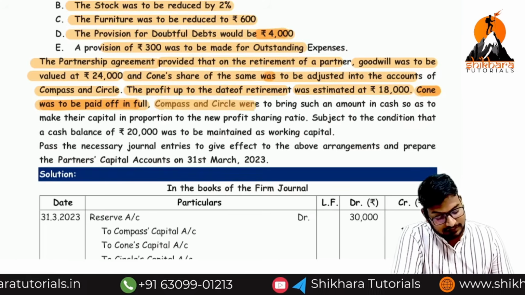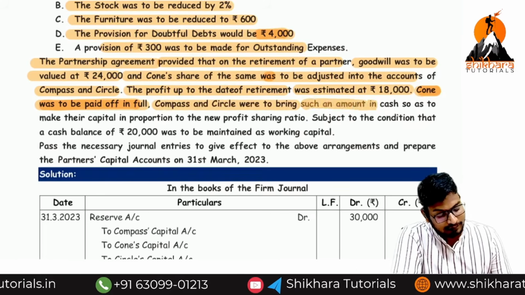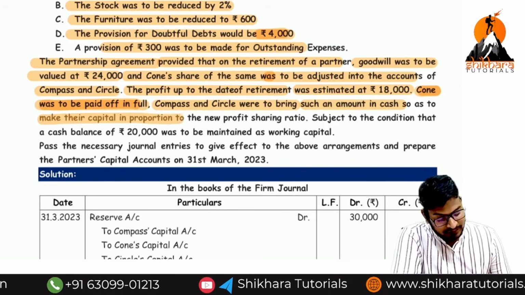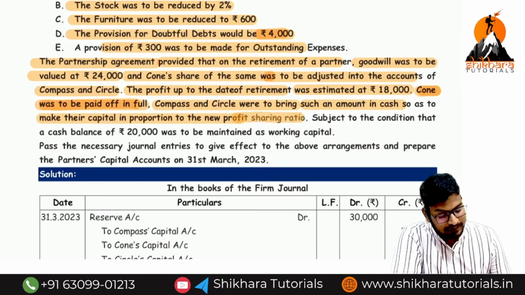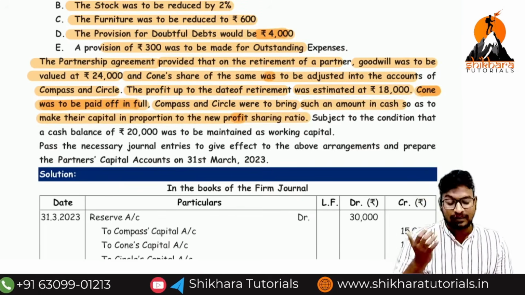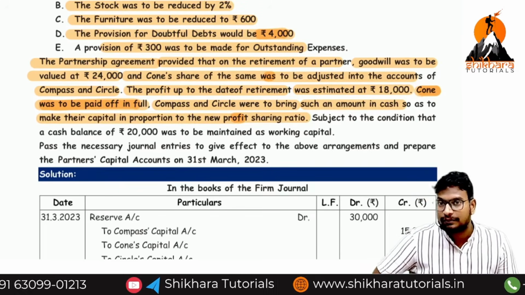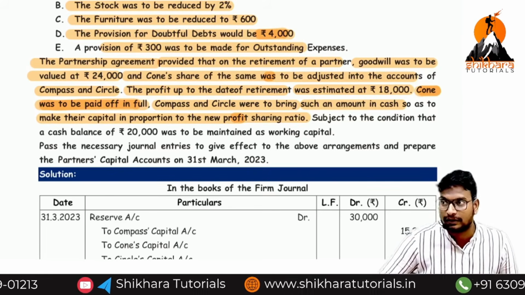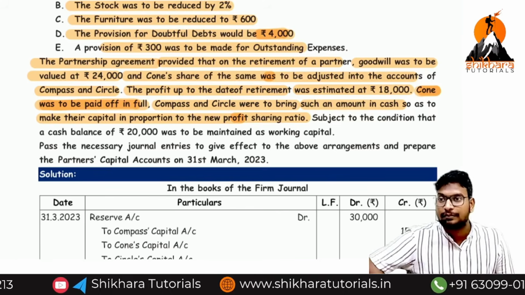The Compass and Circle were to bring such an amount in cash so as to make their capitals in proportion to the new profit sharing ratio. Ultimately the final capital after making all the adjustments of the two partners. Who are the two partners, Amma? Compass and Circle.